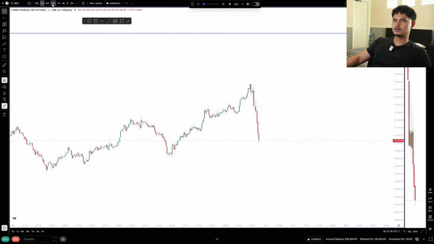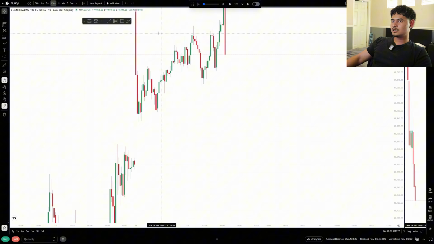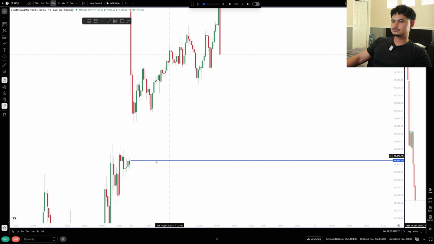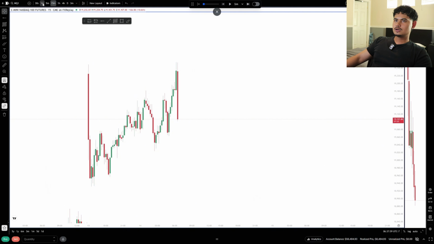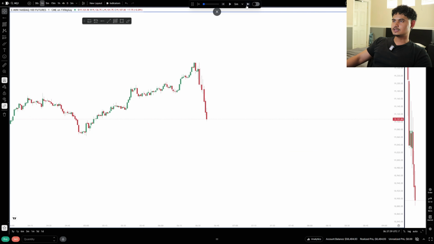Okay, looks like we want to go down actually. Let's mark out some draws lower. We have this right here. This is the gap fill. So yeah, let's see.